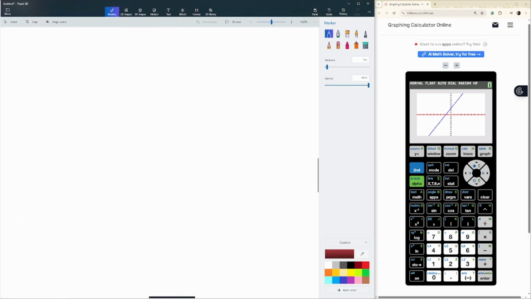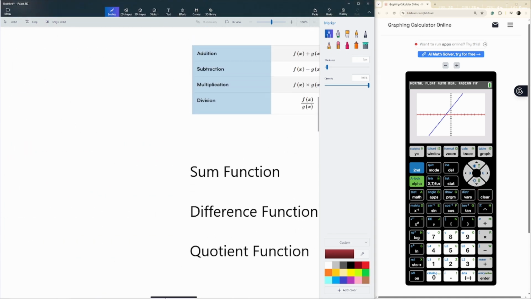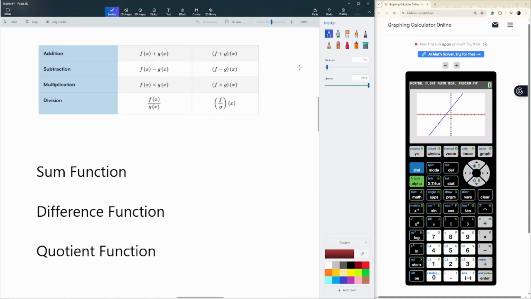And in this topic, you also have to know how to understand different functions. Most of you already know how to do this, and it's quite easier than you might actually think. So addition is very easy. You just add your two functions.